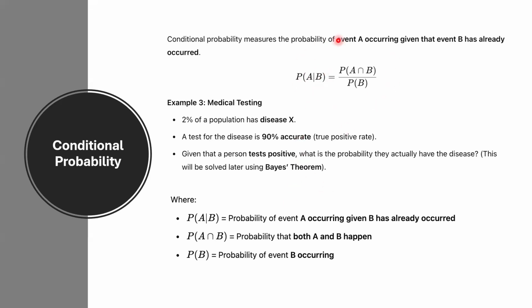So how do we solve it? The probability of A and B happening together, divided by the probability of B. All of you should be able to identify what kind of probability we're trying to calculate here. It is nothing but the probability of A and B happening together divided by P of B.